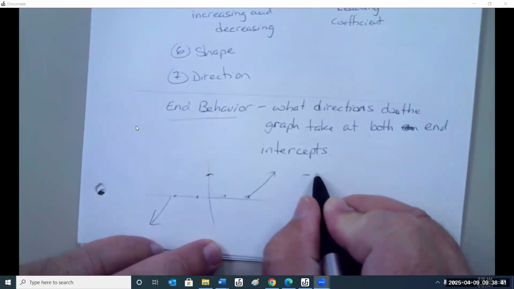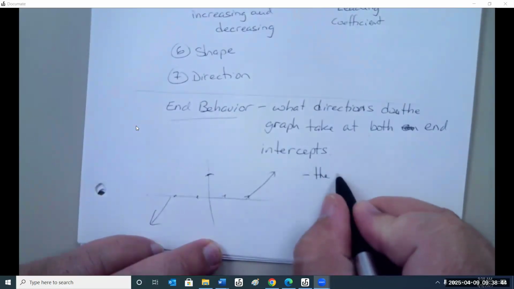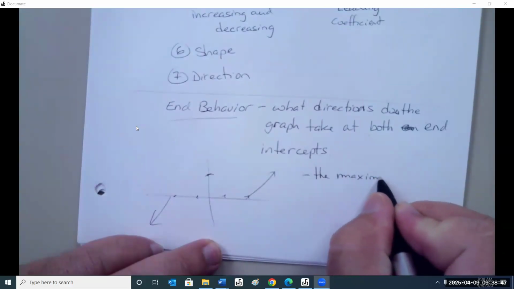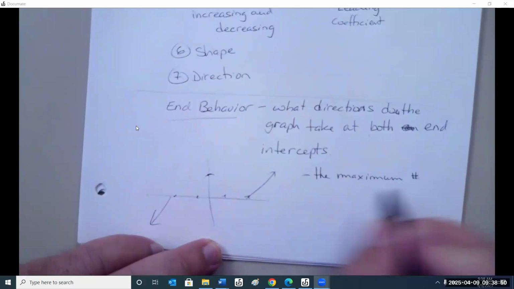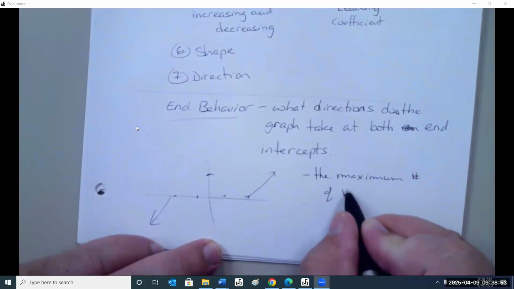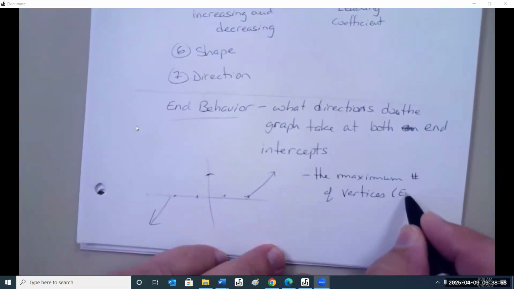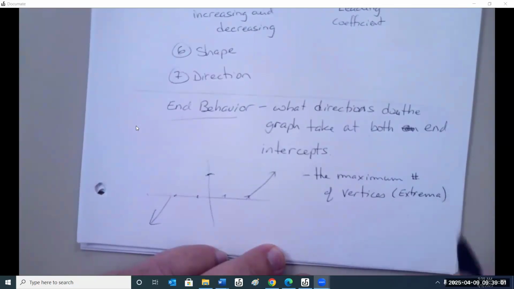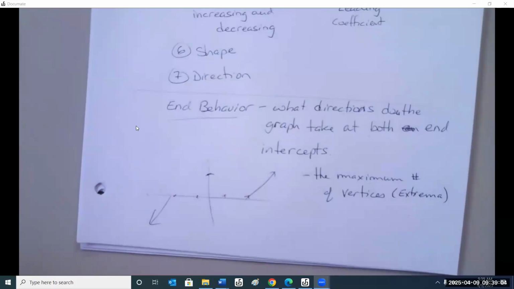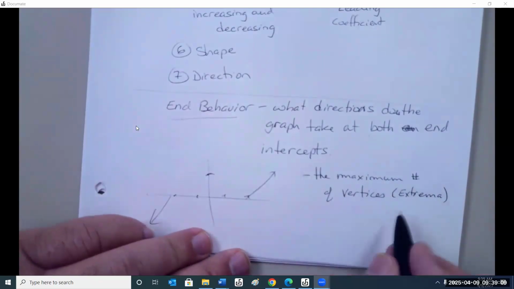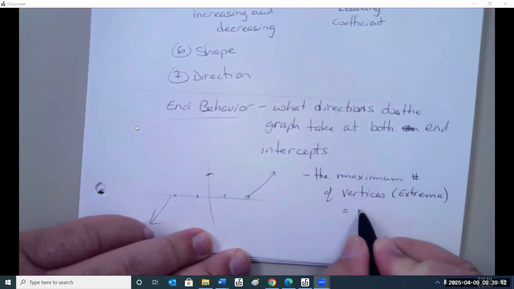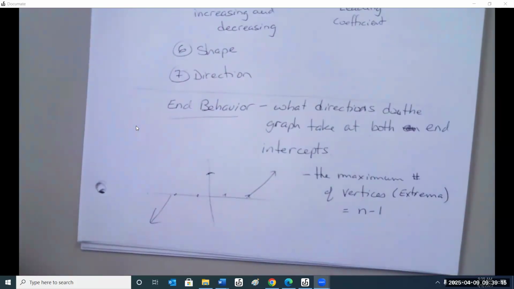We also know the maximum number of vertices, or extrema. The maximum number of vertices is always the degree minus 1. Think about it.